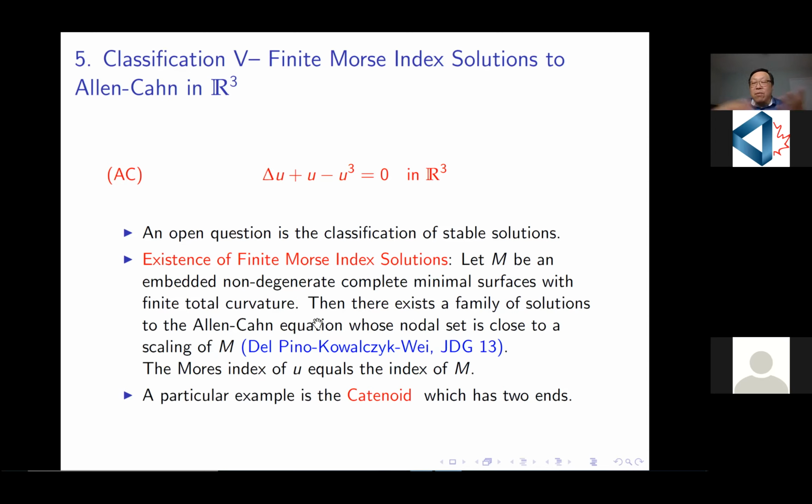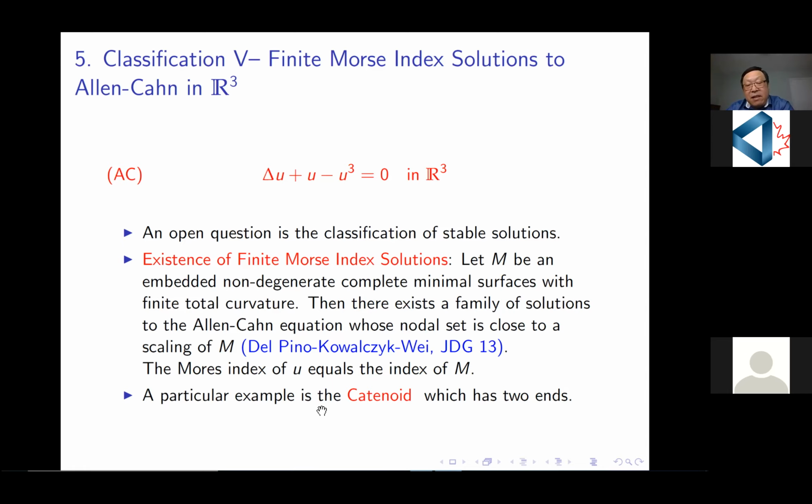In other words, it's like a minimal surface. We can also prove that the Morse index of the constructed solution equals the index of the minimal surface. So we have a direct one-to-one correspondence between complete embedded minimal surfaces in R3 and finite Morse index solutions in R3.